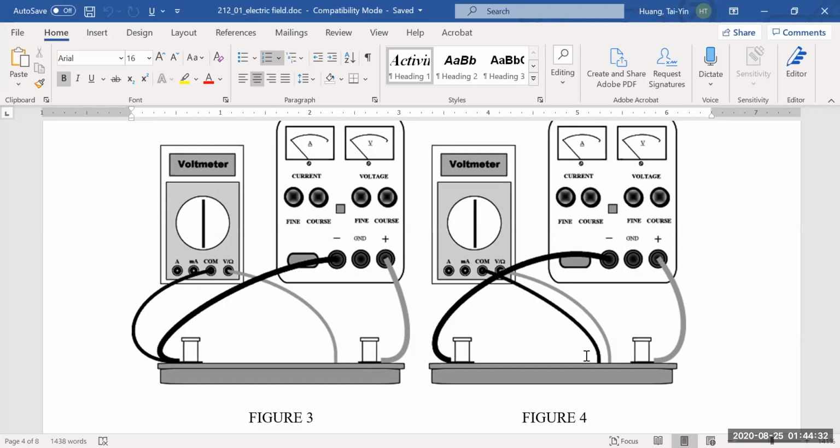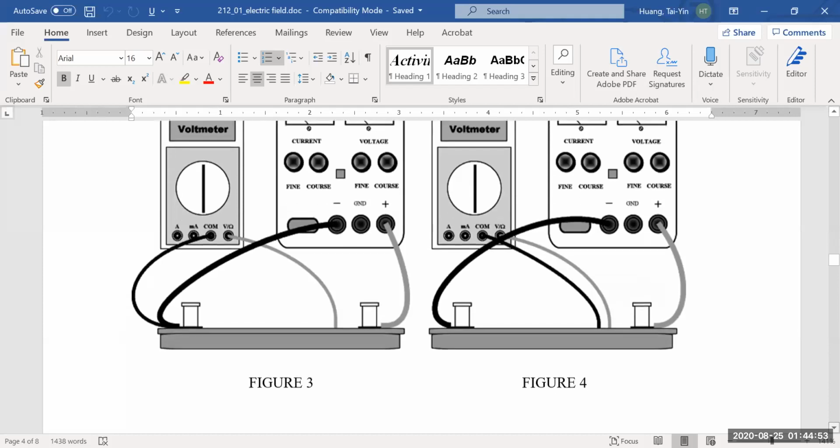You use that to find the next point that shows the greatest change, and then move from the positive to the negative. So if you were in the lab, this is basically what you would do: use this arrangement to map out the equipotential surfaces and also to map out the electric field.